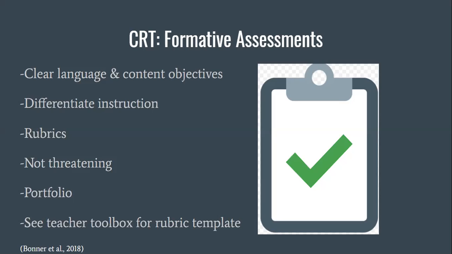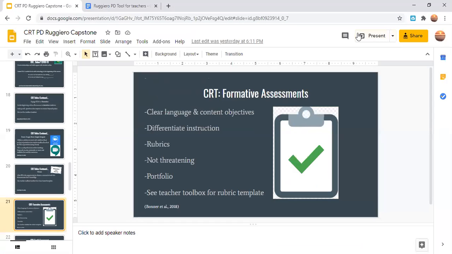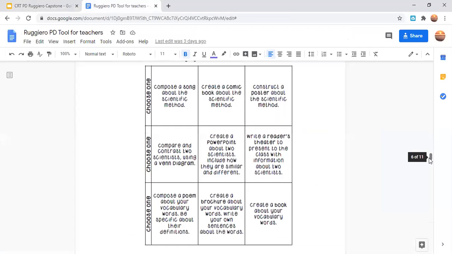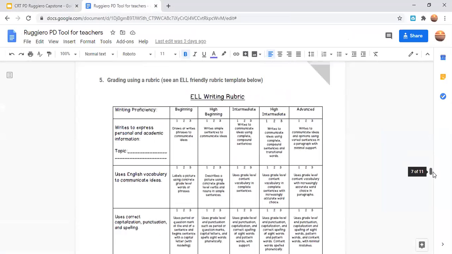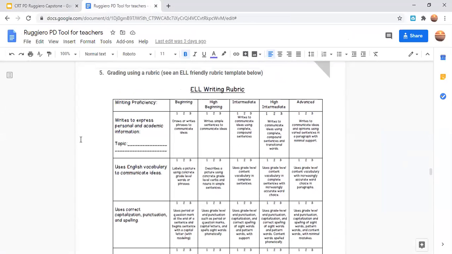And then I'm going to hop over to the handout, and I attached a writing rubric for you. This rubric is very handy for assessing ELs. You can kind of modify this as you need it, depending on what students are actually doing, and probably with their grade level it might look a little different.